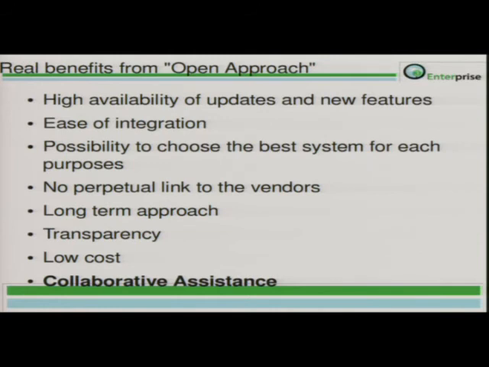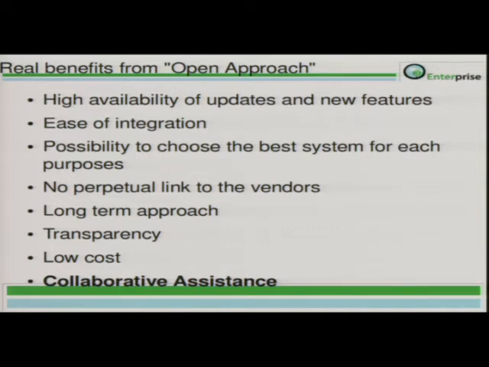So let's take a look at the benefits of the open approach. There could be real benefits: high availability of updates and new features, because you have a community. So the development process is very fast.